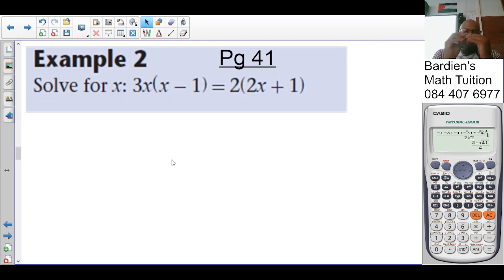If the question says by completing the square and you use this formula, out of 5 marks you get nothing. It will say solve for x in the equation 3x into x minus 1 is equal to 2 into 2x plus something, by completing the square. There you must use completing the square. If you use anything else, you're going to lose the marks. Everywhere else, you can use the formula. You understand?